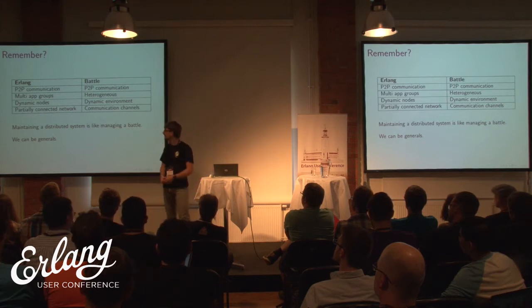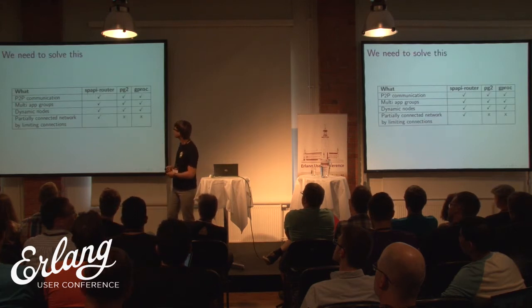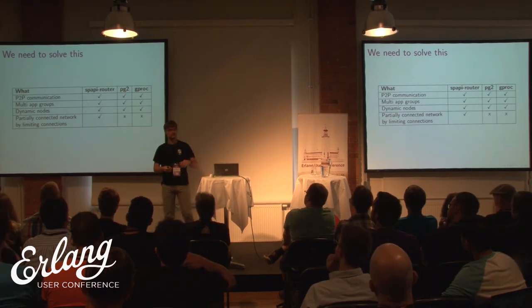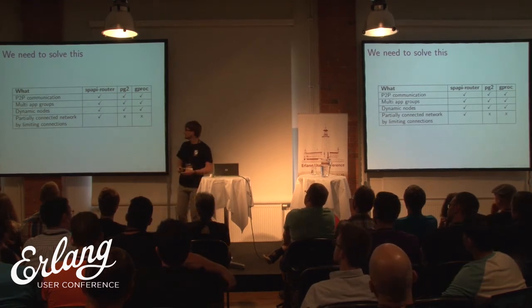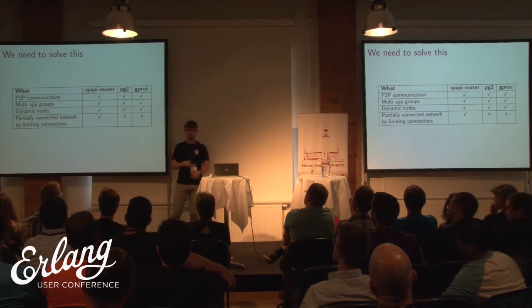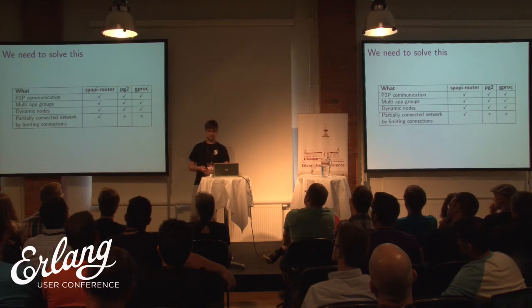It's the same thing, right? There are two mainstream applications that help you connect services without affecting the cluster, but a partially connected network is something they don't do. This is something SPAPI router does. It's very simple, and I'll show you how.